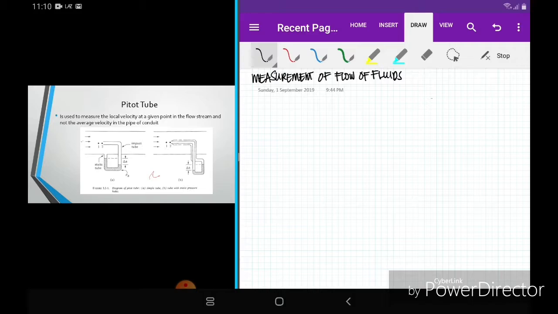Now, it is important to be able to measure and control the amount of material entering and leaving a chemical or other processing plant. Since many of the materials are in the form of fluids, they are flowing in pipes or conduits. Many different types of devices are used to measure the flow of fluids.